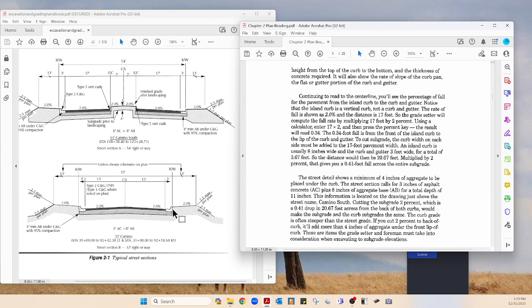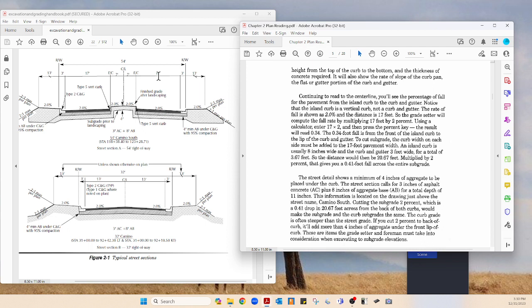This is the back of this curb, right? And this is the back of this type 5 vertical curb. That's 17 feet. What in the world is 2 times, let's see, where is the 6, 7?